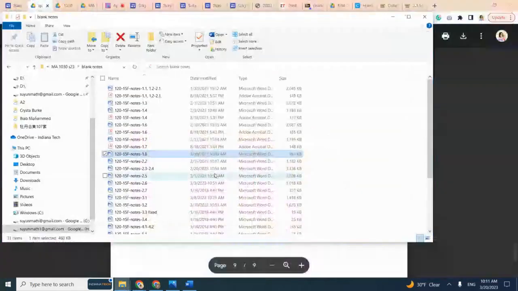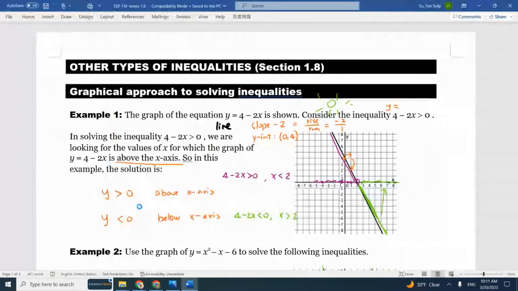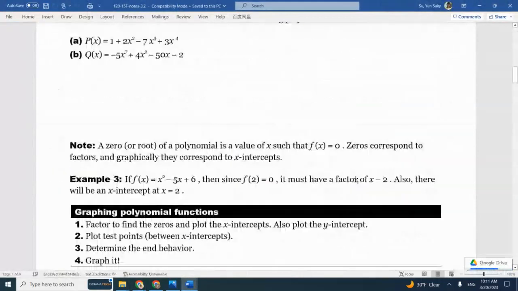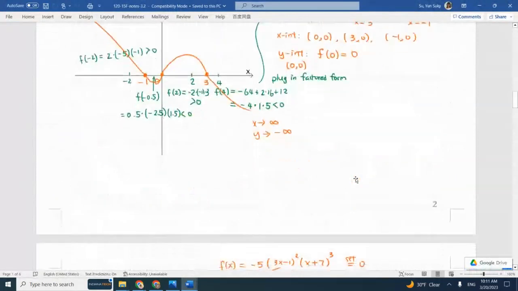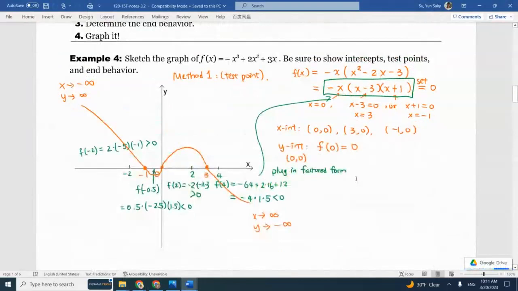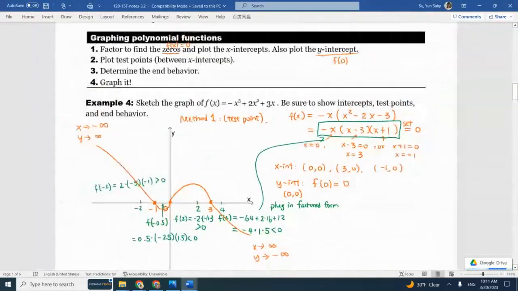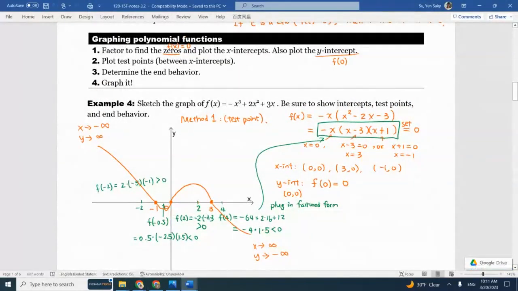So last time we did 3.2, right? So let's have a little review of 3.2. In 3.2, we talk about how to graph polynomials, right? And here are the steps. Remember I taught you 2 methods? Method 1 is the test point method.